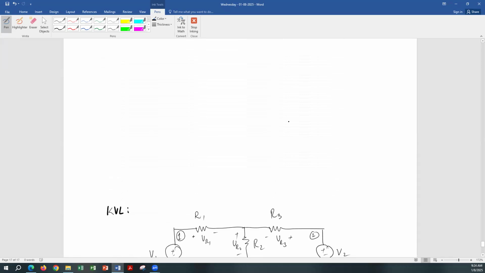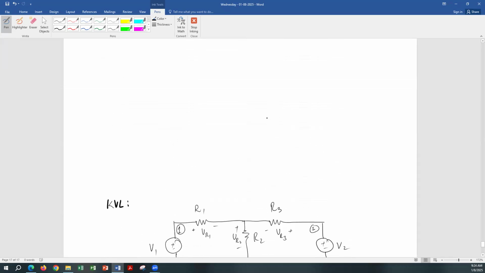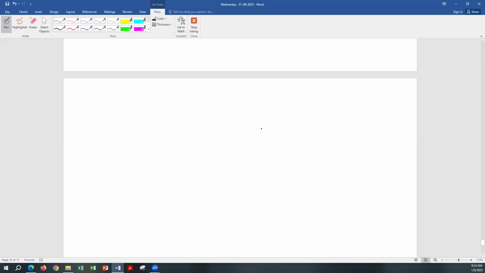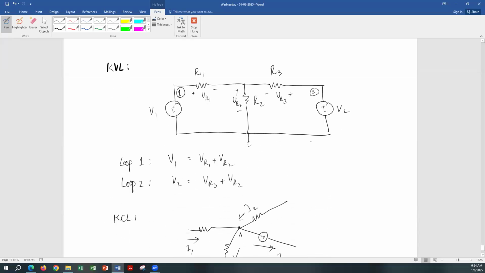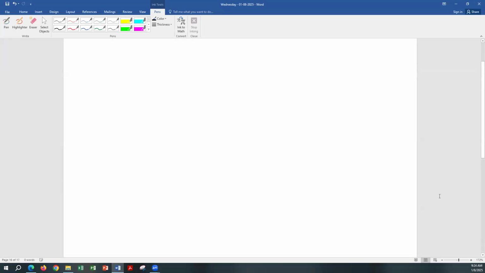Oh, this was the last page. What did I do? Okay, let me copy this. Control A, Control X. What happened? I thought I created it. Okay, anyways, let me create more pages.